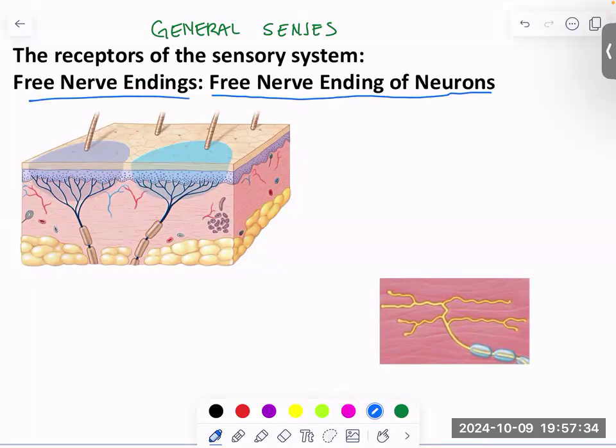You will see both, okay? So this neuron comes to the surface of the skin, it branches off, and at the very end of that neuron, there are the ends of the neurons. Each neuron is designed to detect a specific modality.